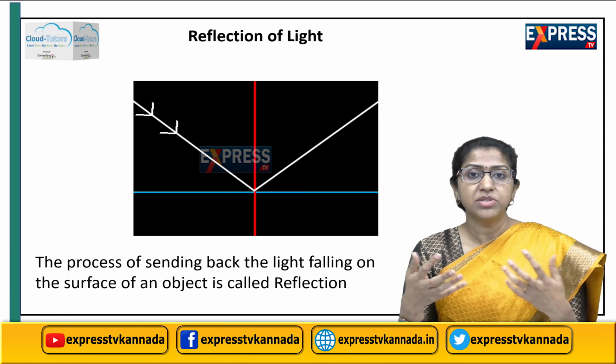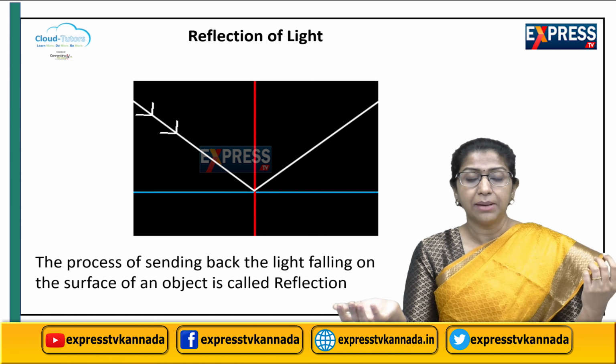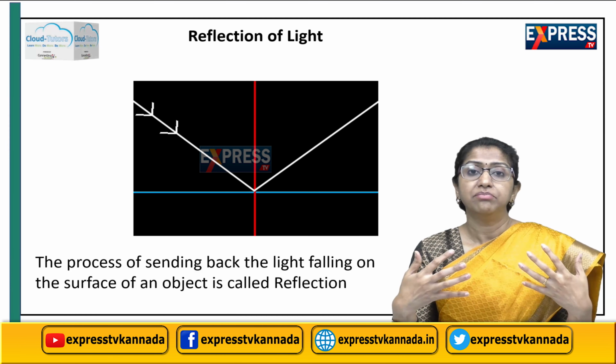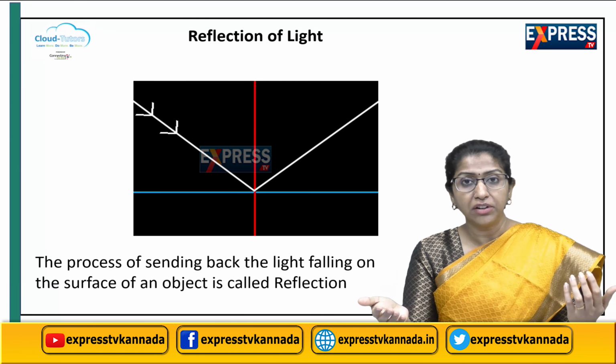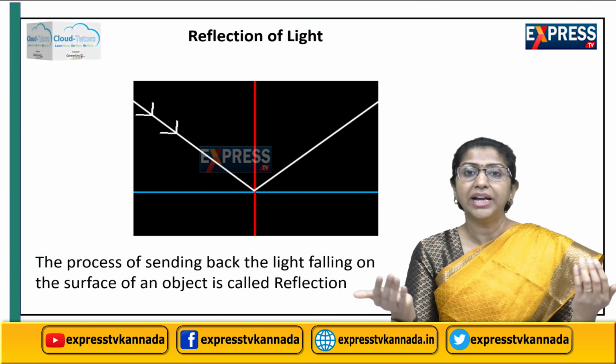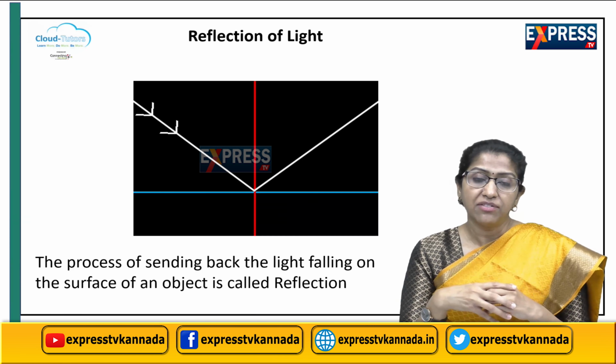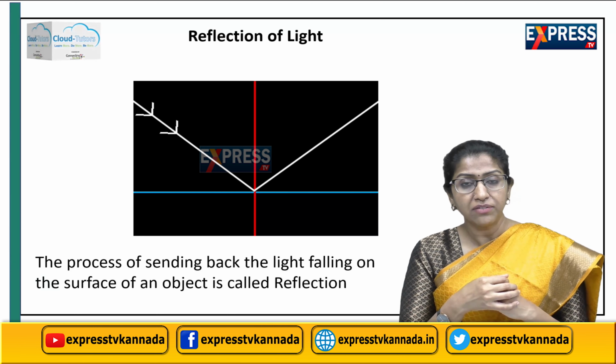Whereas the other objects scatter the light all around them in all possible directions, hence they are only scattering the light rays that are falling onto them and not able to form any kind of images as such, right? So how do you write the definition of reflection?